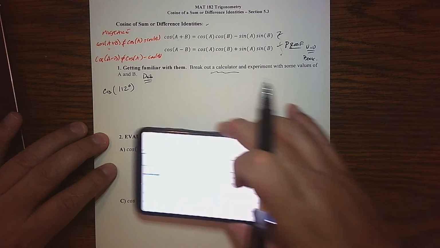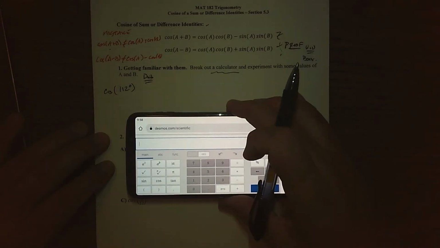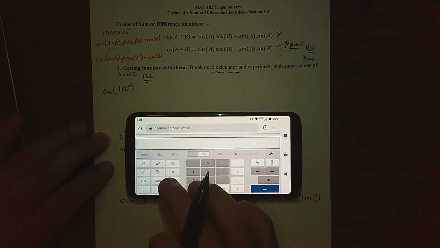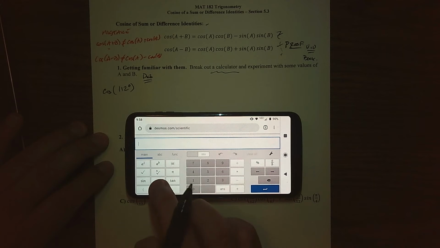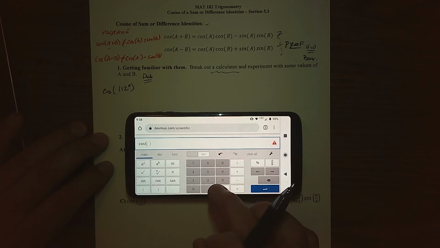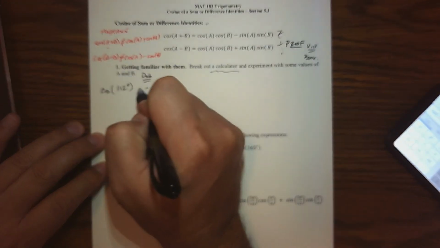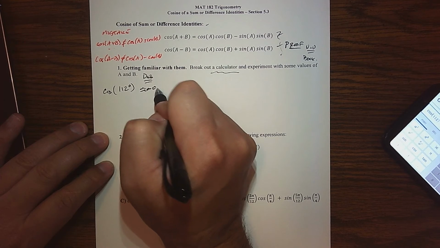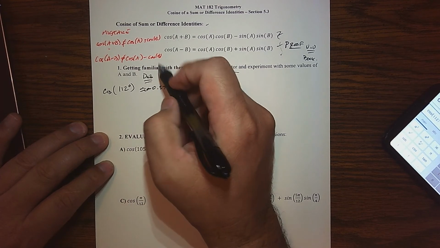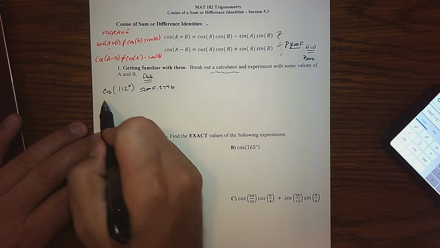So I'll reach over to my handy dandy, I'm using Desmos today, and make sure I'm in degree mode, and then look at the cosine of 112, and what I get is negative 0.3746. So this is roughly negative 0.3746 if we round off to 4 decimals.